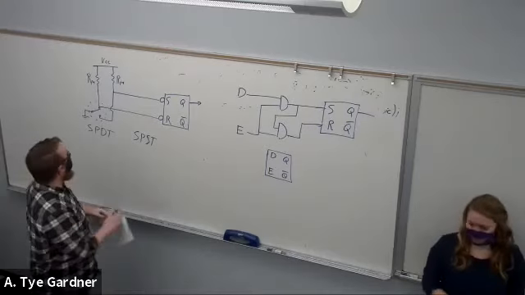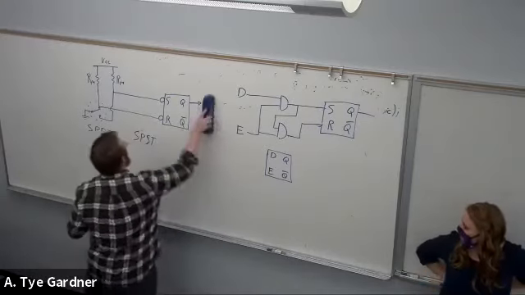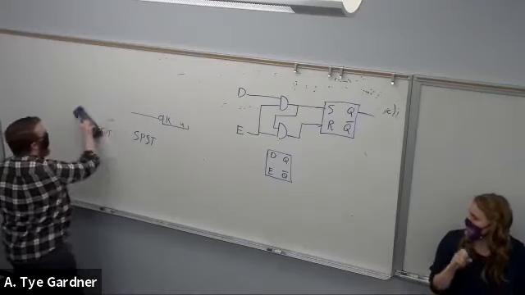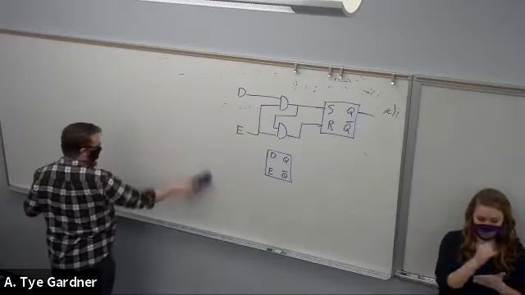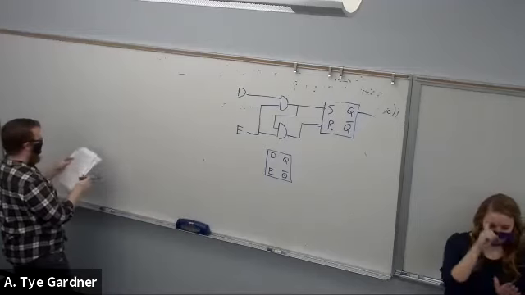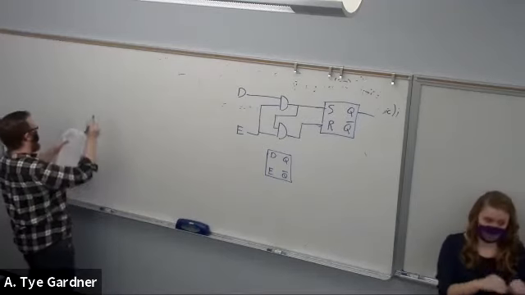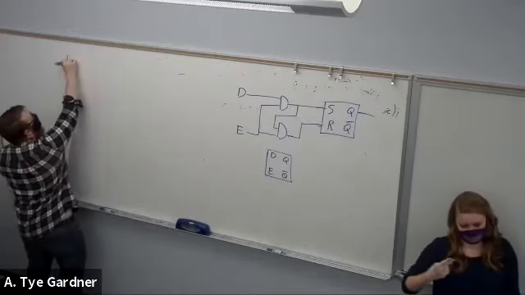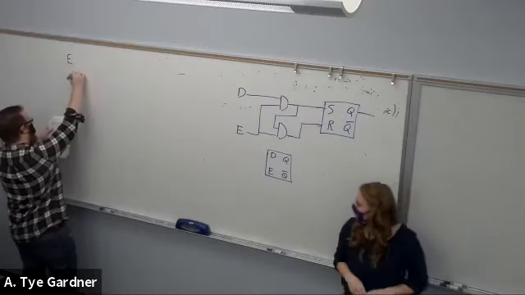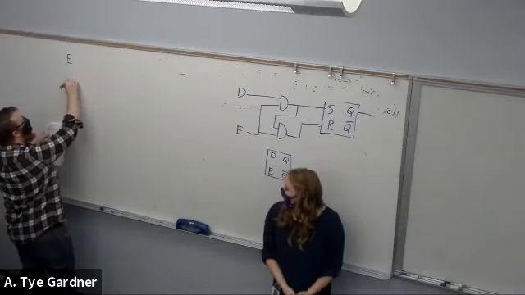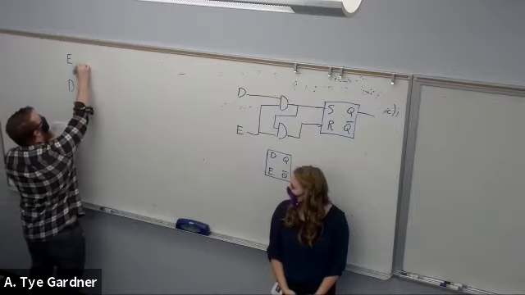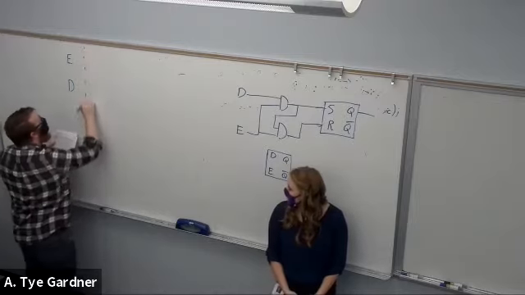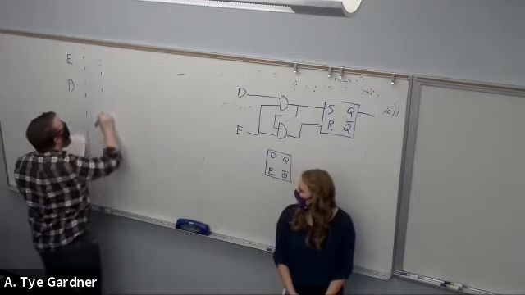So I am going to do a timing diagram on this one because the D-latches are more used than the SR. So let's say that we have enable and data. And I'm going to create some time blocks.